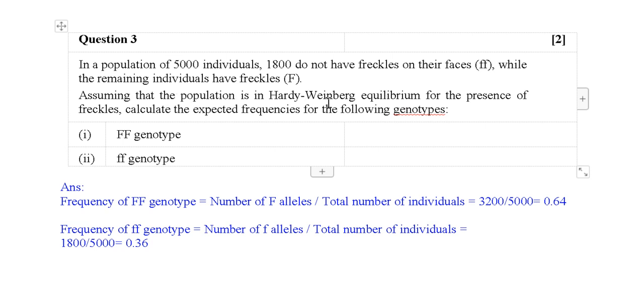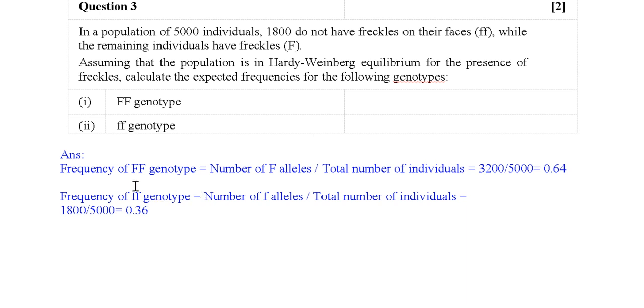Assuming that the population is in Hardy-Weinberg equilibrium for the presence of freckles, calculate the expected frequencies for the following genotypes. So it is mainly about population genetics, given from the evolution topic. Now they are asking for the frequency of the FF genotype and the small f genotype.